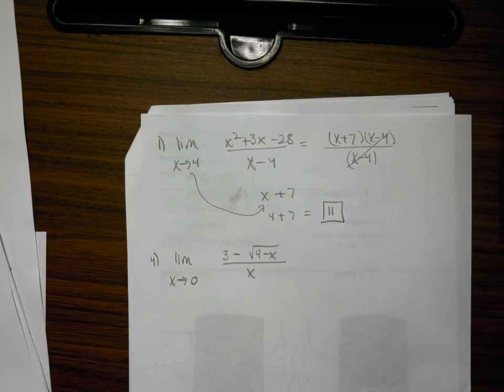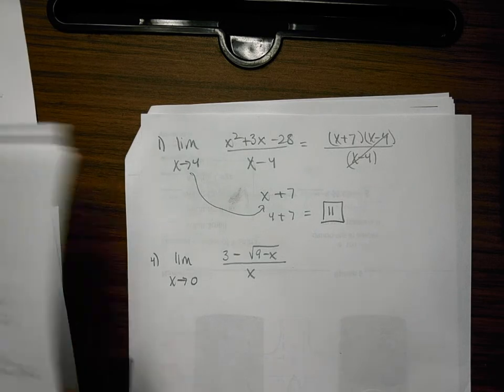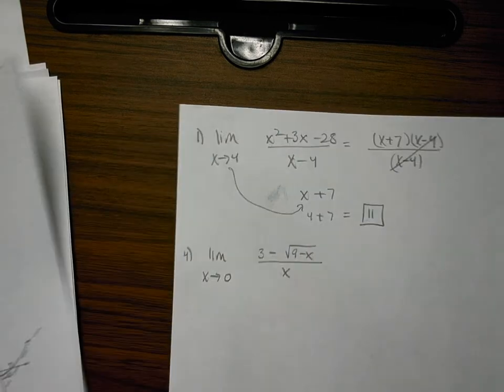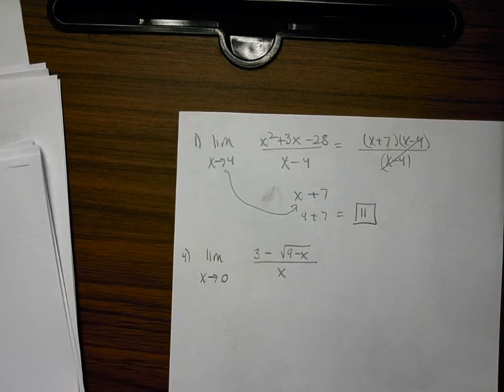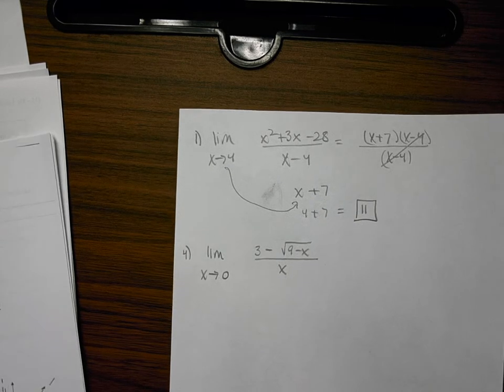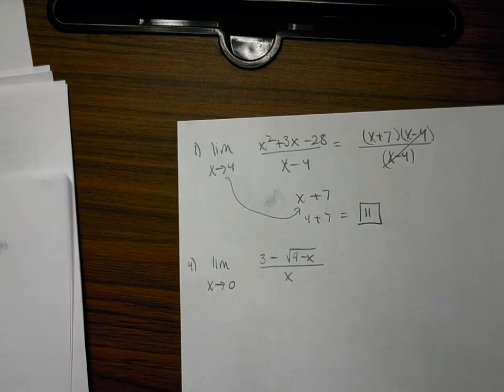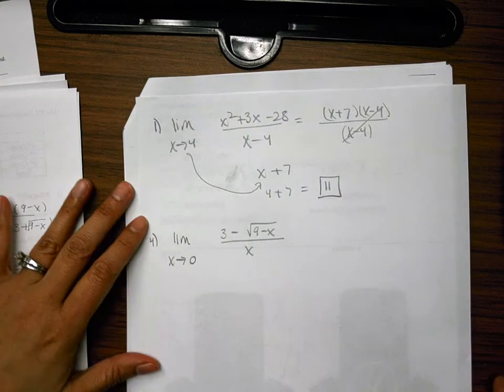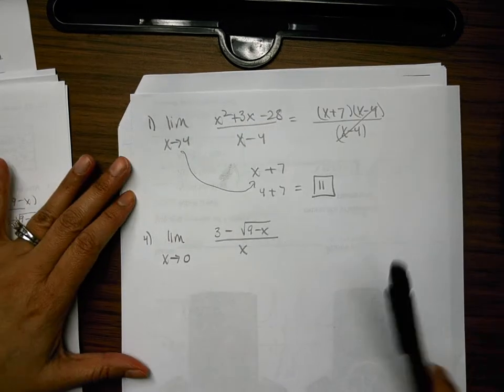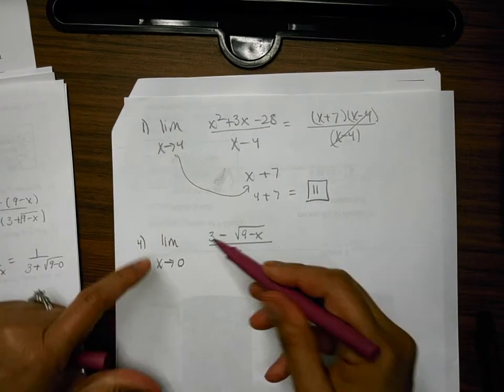Okay, so again, you try to plug in, but when you plug in on this, you end up getting 0 in the denominator, and you don't want 0 in the denominator, so you factor, conjugate, whatever it may be. This is a conjugate problem. I can tell because of the radical.